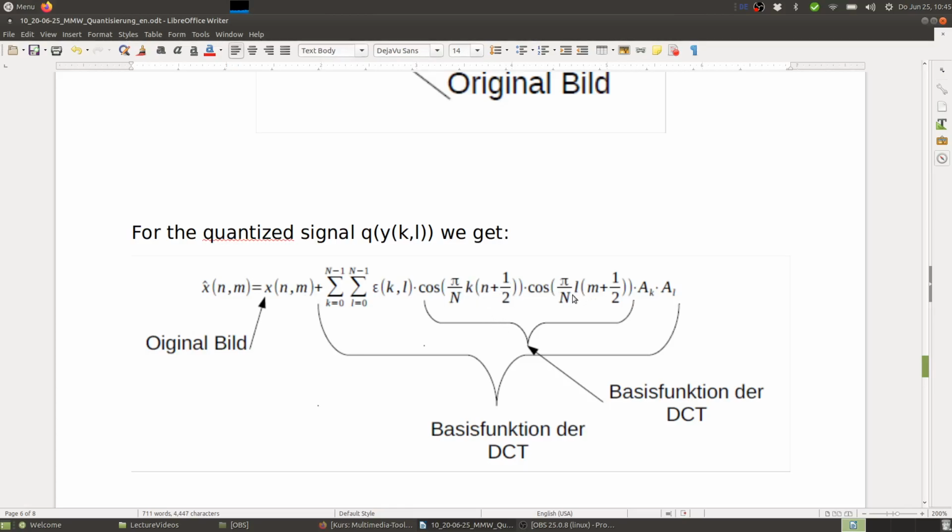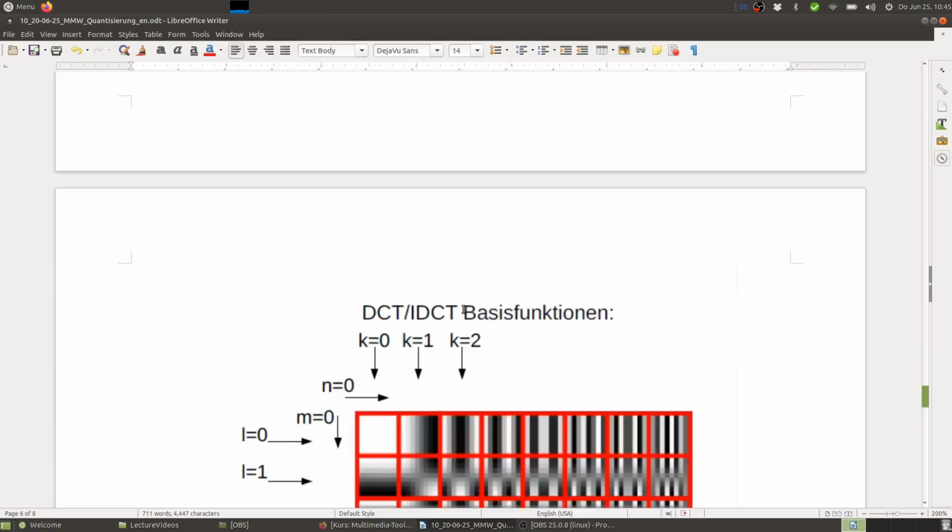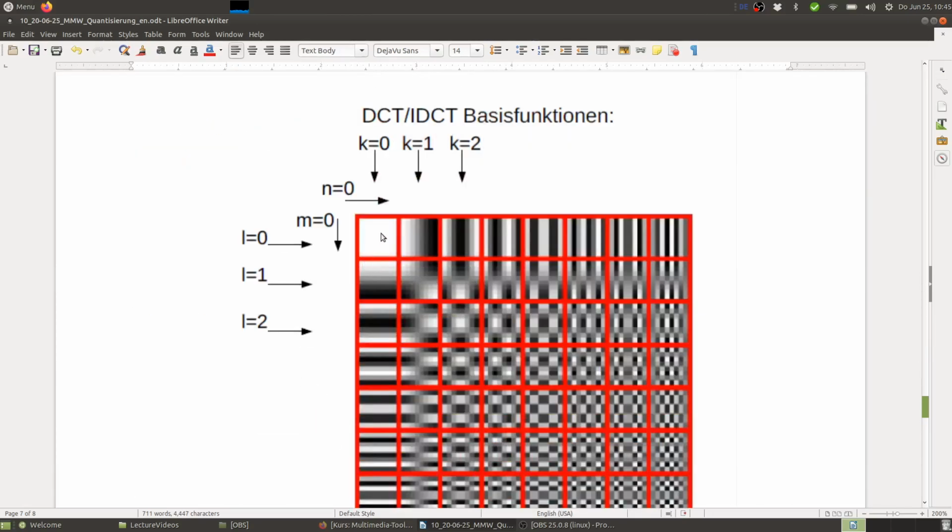For each k and l we get a basis function image, and within an image we have the space index n and m. Here this image is for k and l equals 0, and that means the cosine term in that case is a constant 1, and that means we have just a constant brightness over this small image. Here we have correspondingly l equals 0 and k equals 1. That means only the horizontal cosine is active, and that's why we have this horizontal change in brightness.